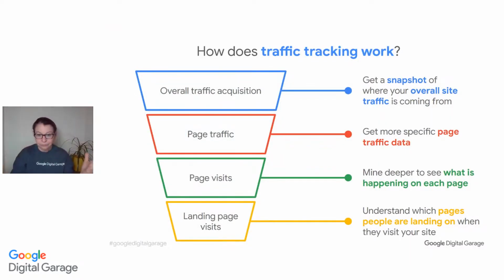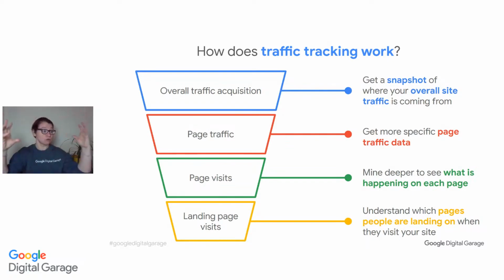So over the next few slides, I'm going to show you some different ways that you can understand your website data. There's different information in each, and it gets more specific the deeper we go. So what normally happens is you'll log in and you'll see a dashboard and you'll get a snapshot of information. Then in each area, you'll get the overall traffic. So we'll look into traffic.